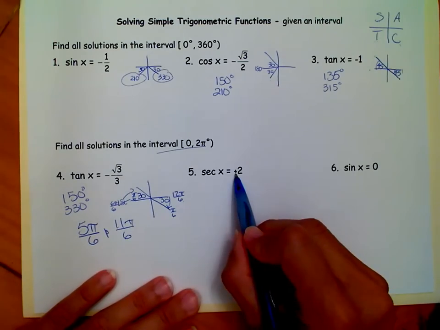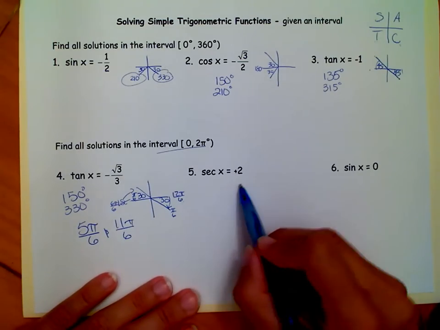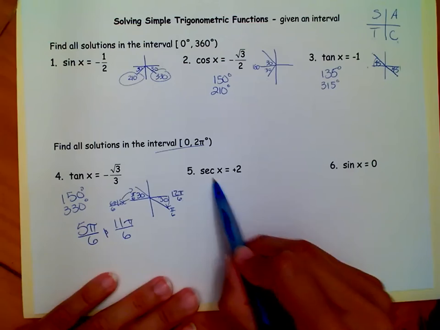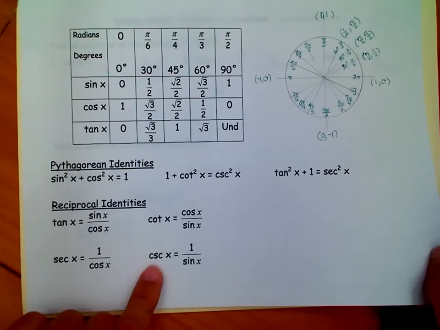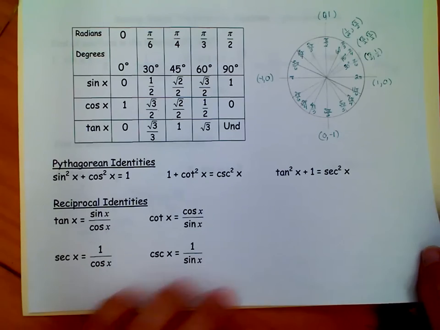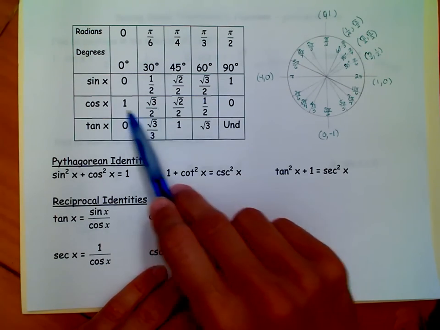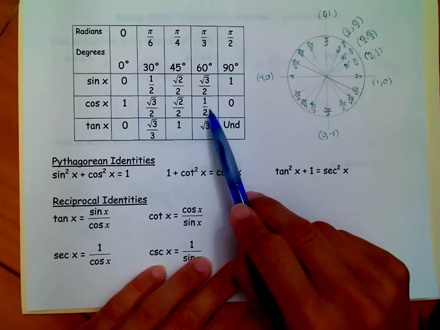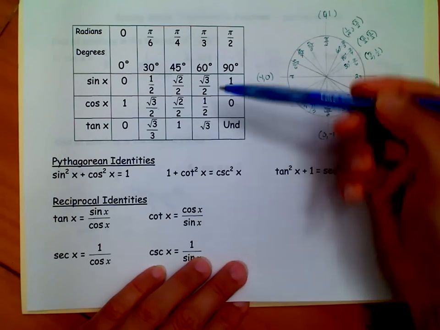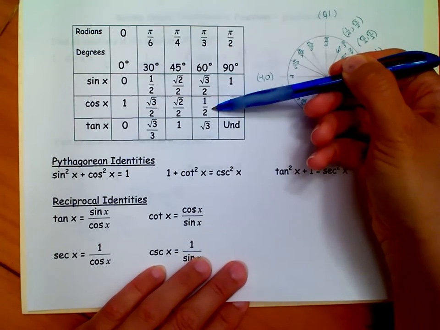So I changed this to positive because I noticed that there were a lot of negatives. So we need to know when secant is positive 2. Well, remember, secant is the reciprocal of cosine. So I want to know which one of these flipped over would be 2. That's this one. So I know I'm at a 60-degree reference angle.